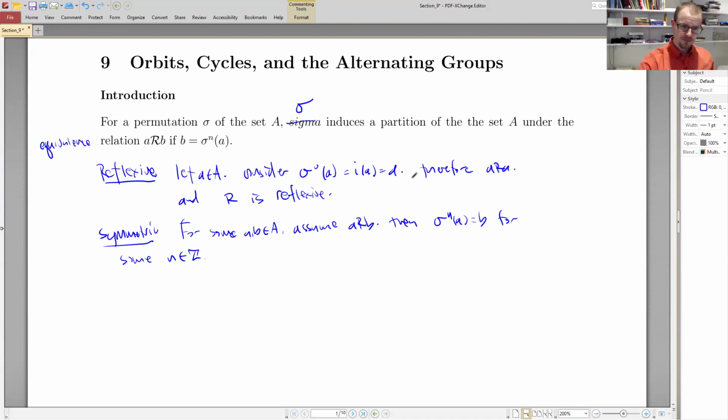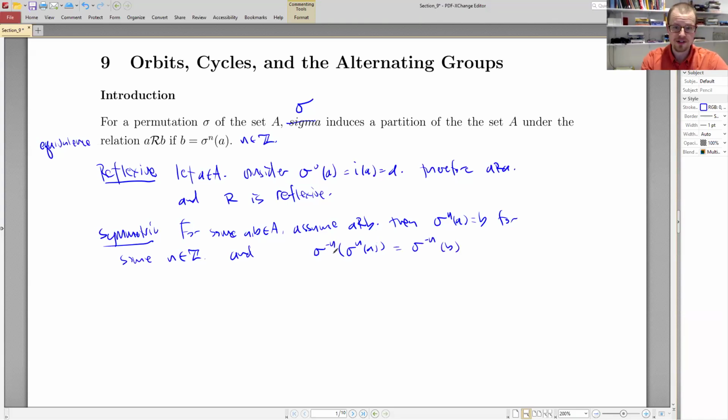It's not fixed, is the point. And if I wanted to, I can take sigma to the negative nth power and input sigma to the nth power of a. And this would be sigma to the negative nth power of b.